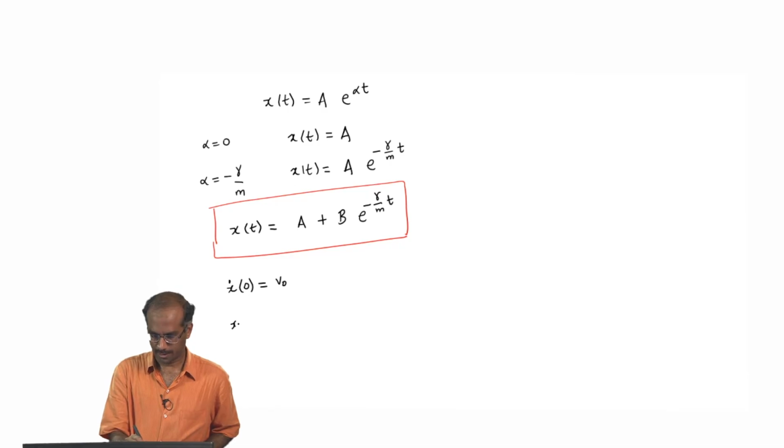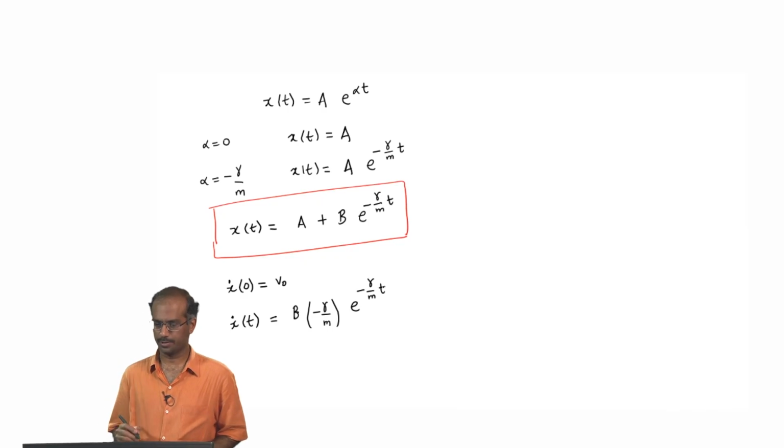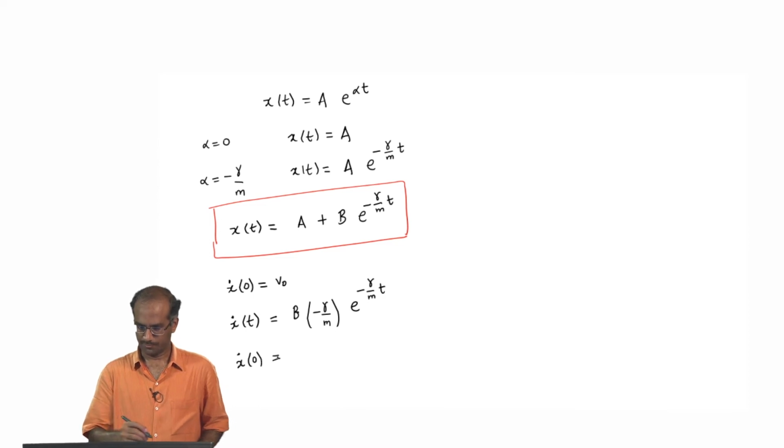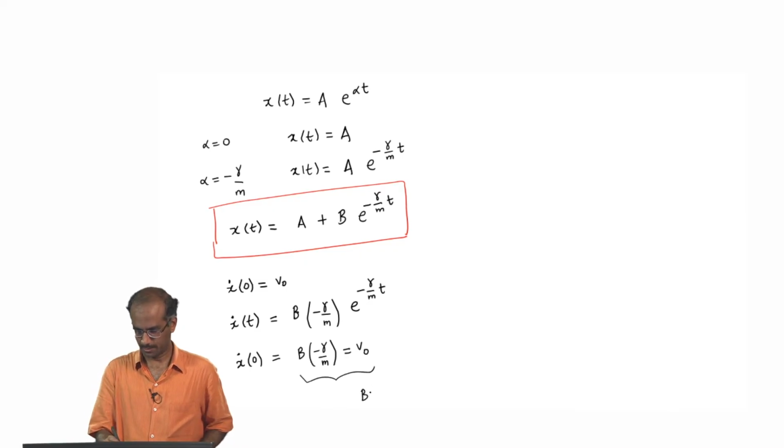I need to find first x dot of t. From here x dot of t would be b into minus gamma by m into e power minus gamma by m into t. And if I put t equal to 0 in x dot of 0, I would get b into minus gamma by m is equal to v 0, and this implies that the constant b is equal to minus m v 0 by gamma.